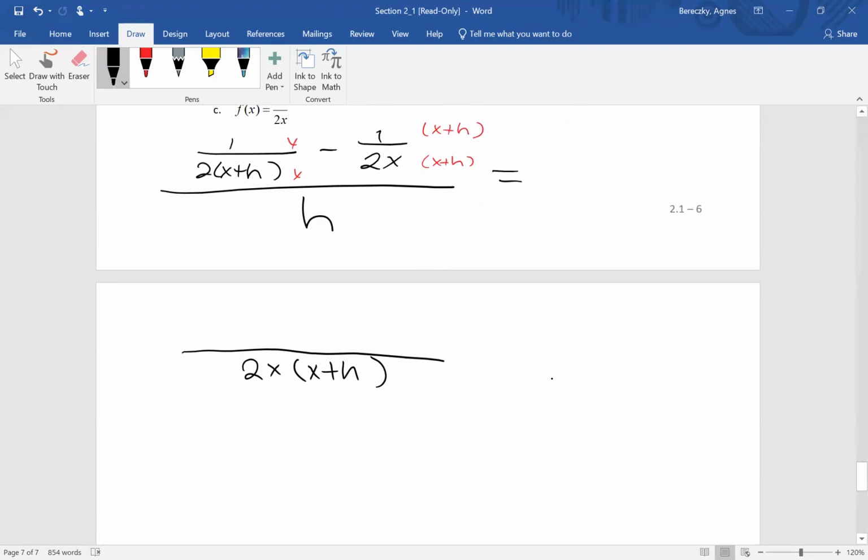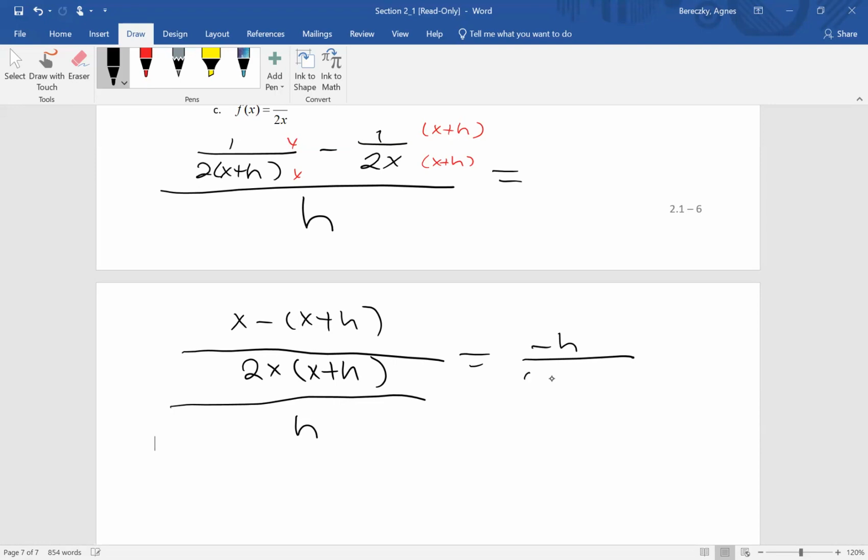So this will become x minus x plus h. Again, if you break the all over h, if we distribute with the negative, x minus x becomes a negative h over 2x times x plus h.